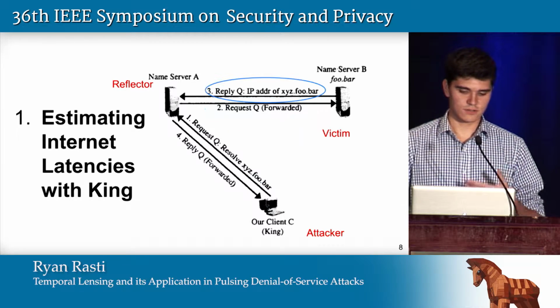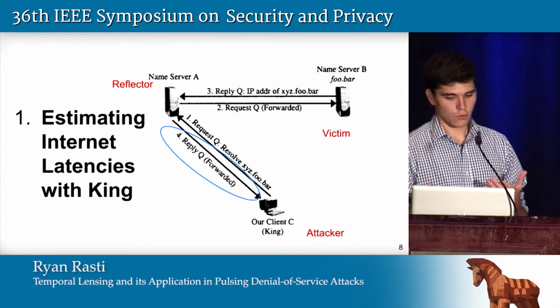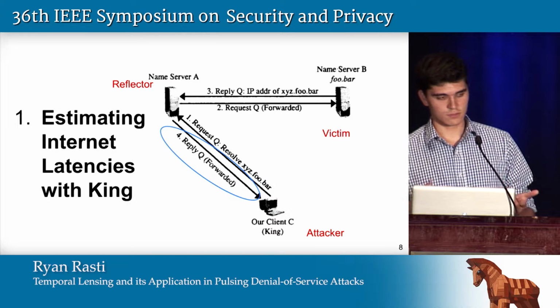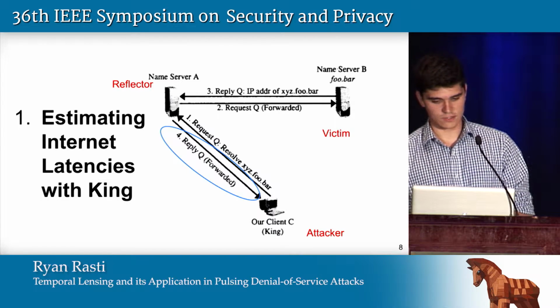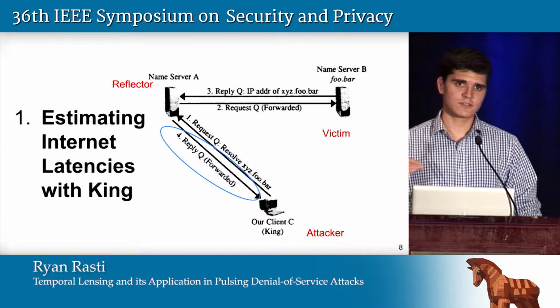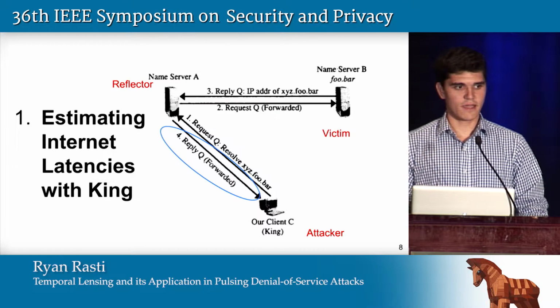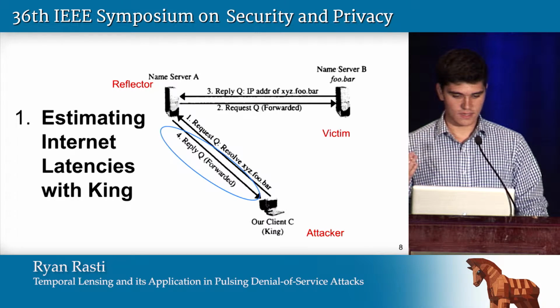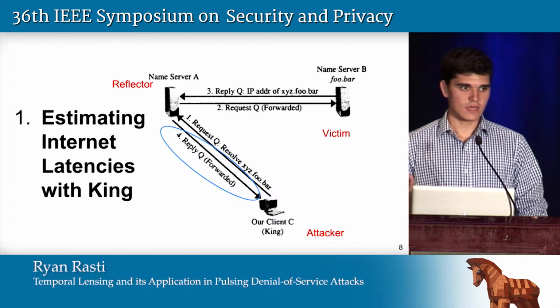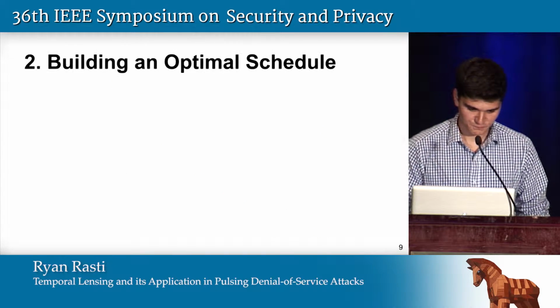The victim knows the answer and gives a reply back, and the reflector, which is an open DNS resolver, forwards that reply back to the attacker. By taking the time difference between when the first query was sent and when the last response was received, the attacker now has an estimate for this attack path round trip time, and can use that to get an estimate for the attack path latency.